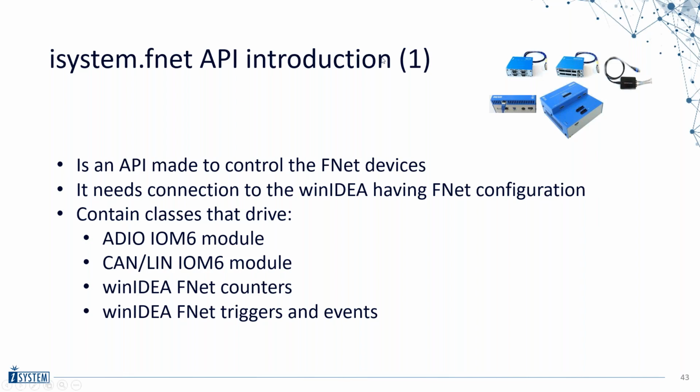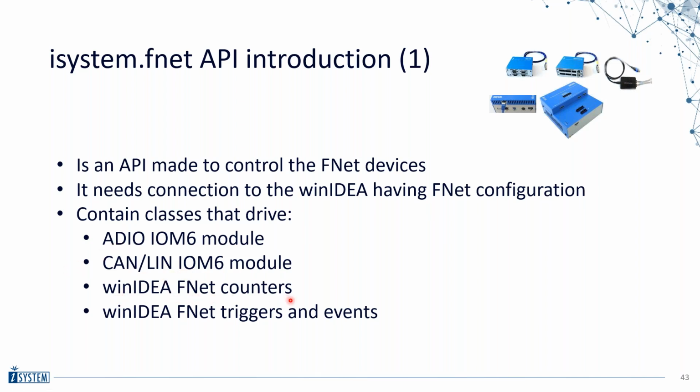We always need to connect to a winIDEA session when using FNet, because winIDEA contains all the functionality about the FNet configuration, and then we can control the ADIO and CAN modules.